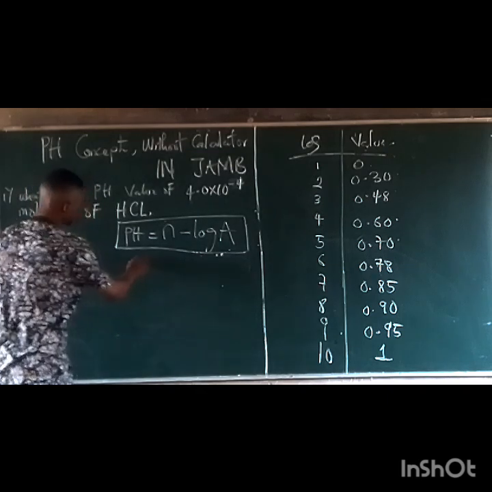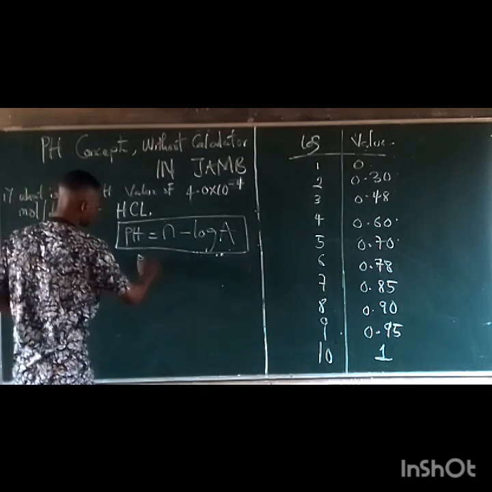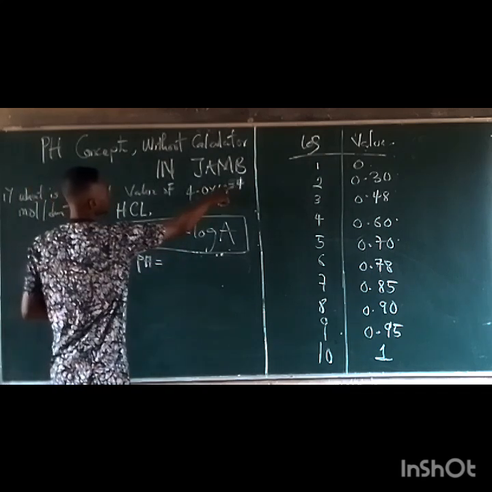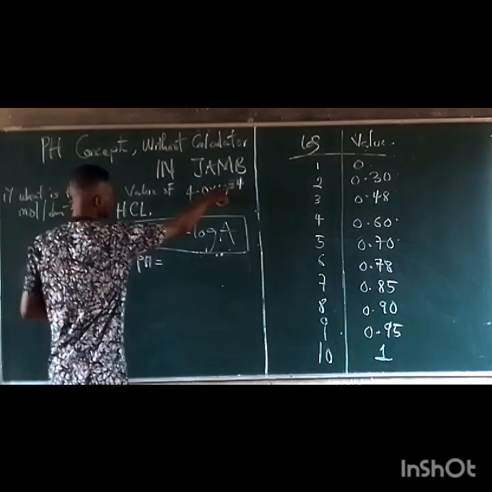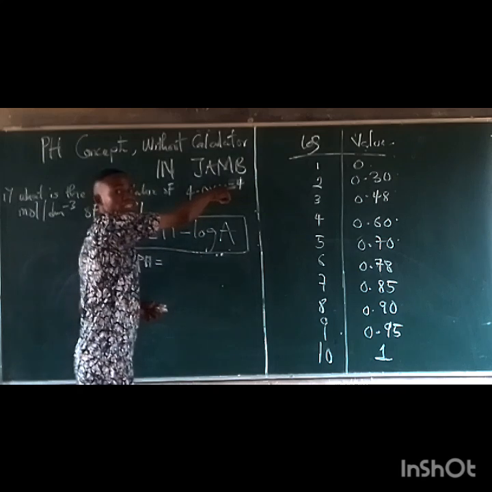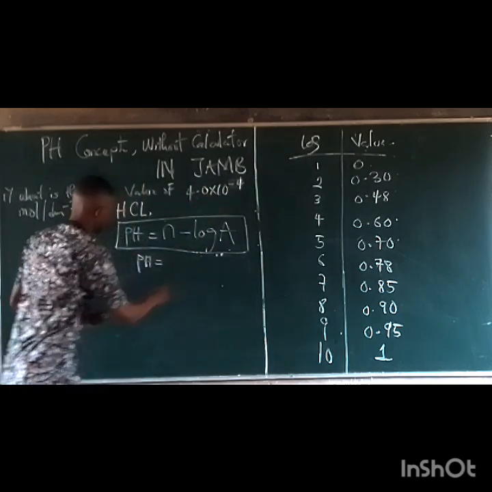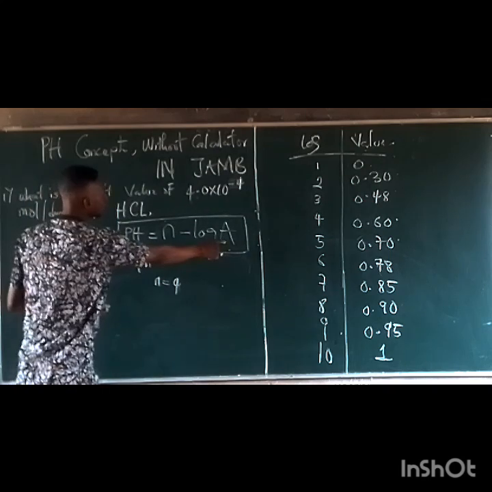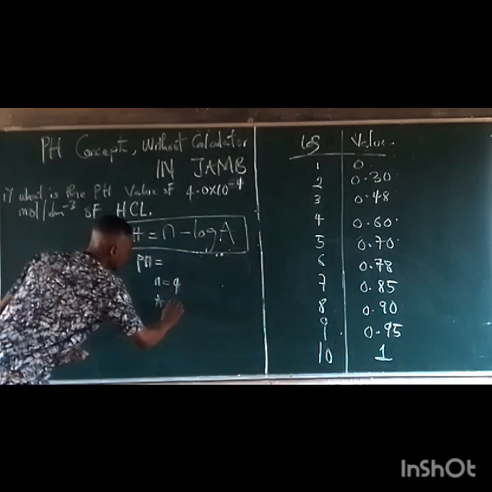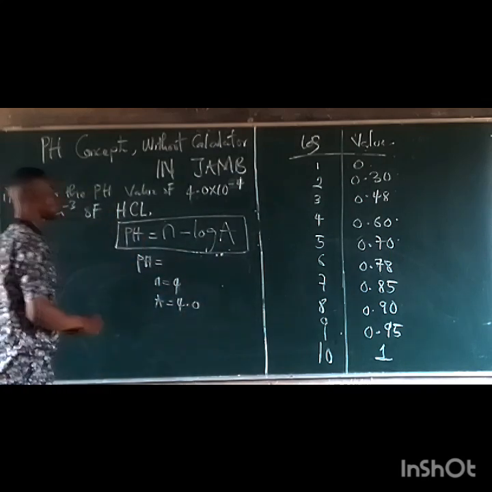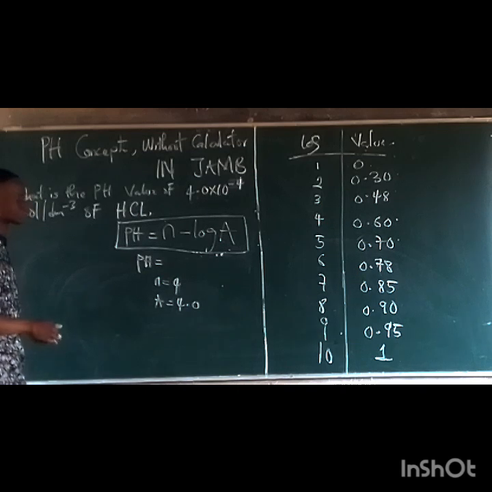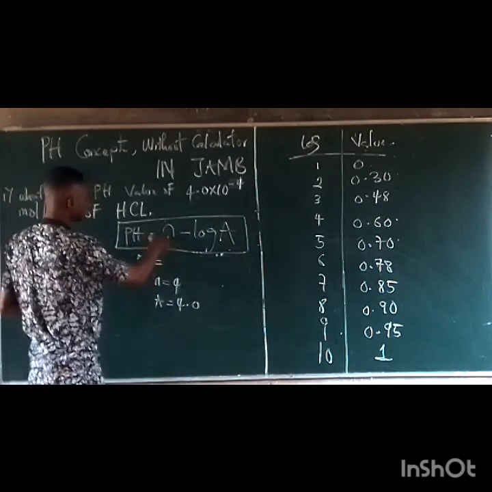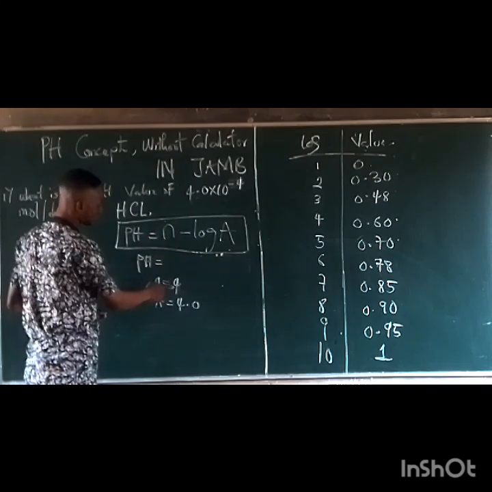We said pH will be equal to N minus log A. The index here is minus 4, but we are only taking the 4, so our N is equal to 4, and our A is equal to 4.0, which is the same thing as 4.